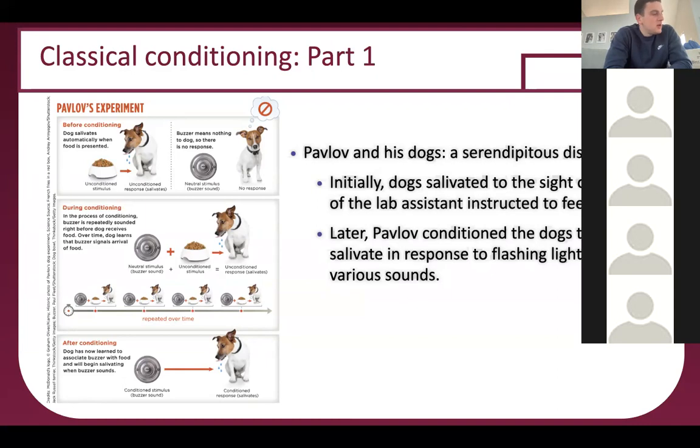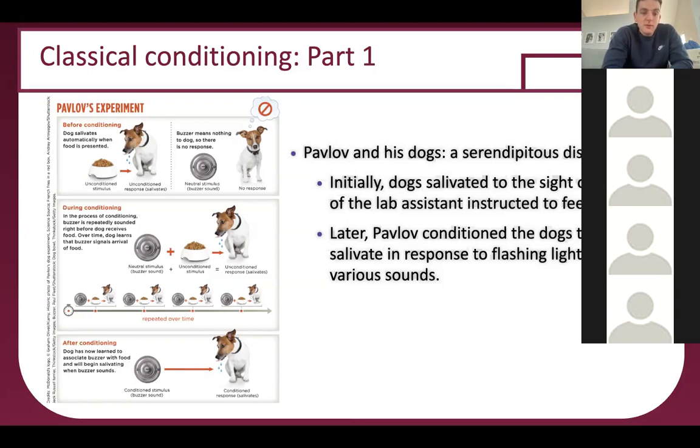You do that biologically without really having to think about it. But he also realized that the dogs had associated sounds like ringing a bell, the footsteps of the person that usually came and fed them, or the sight of one of the researchers, things like that, with the food. And so over time, the dogs had sort of cut out the middleman.